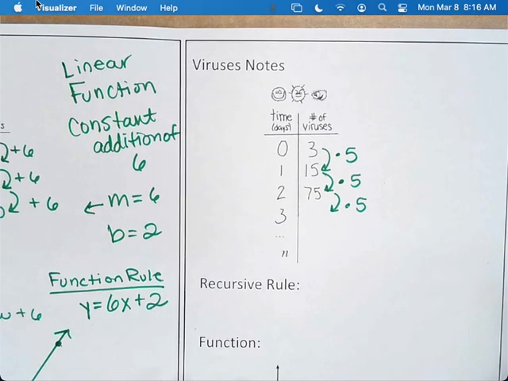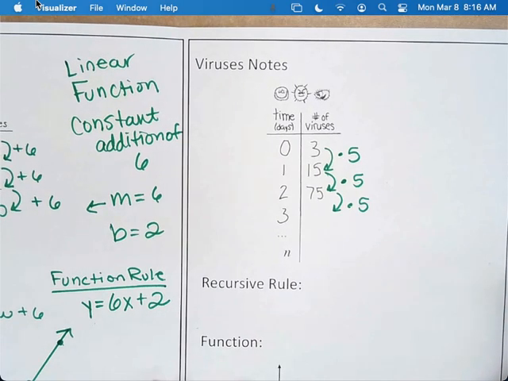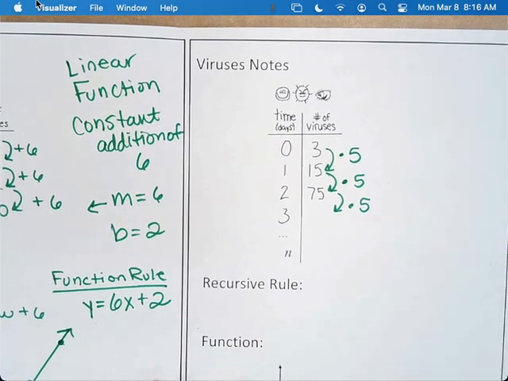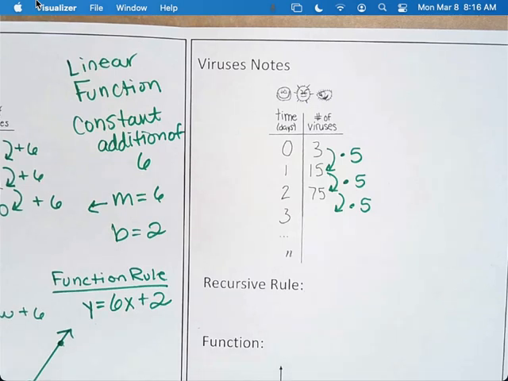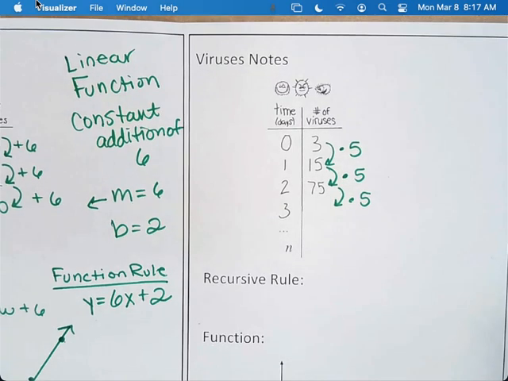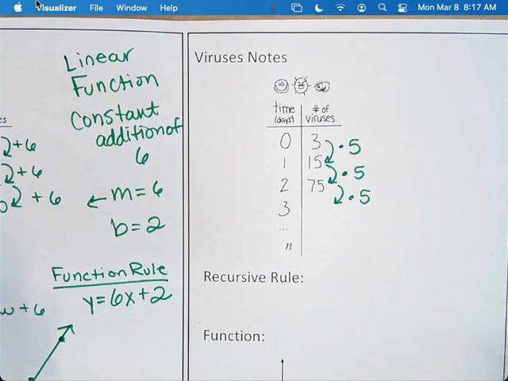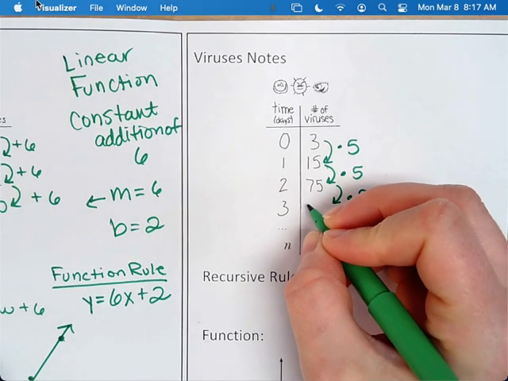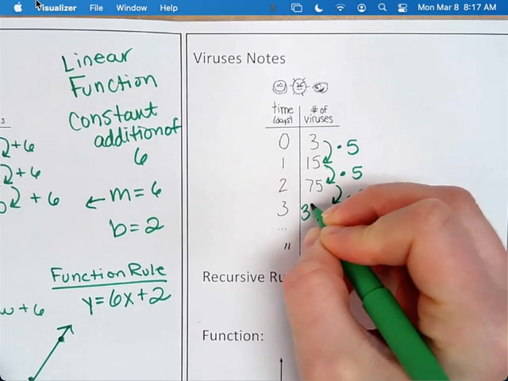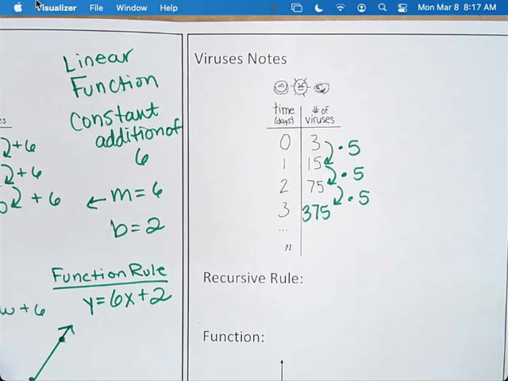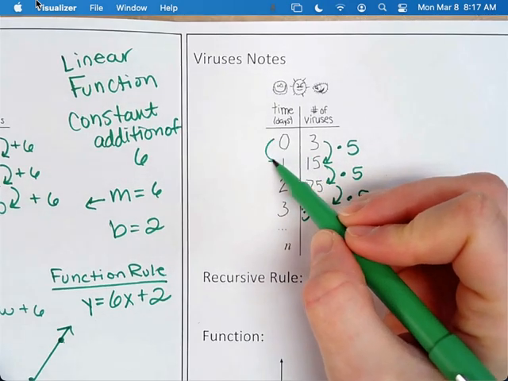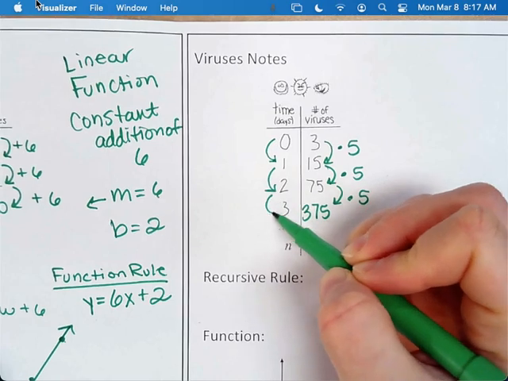So we need to do 75 times 5. What's 75 times 5? 375. Y'all agree? Okay. And then the days are increasing by 1.